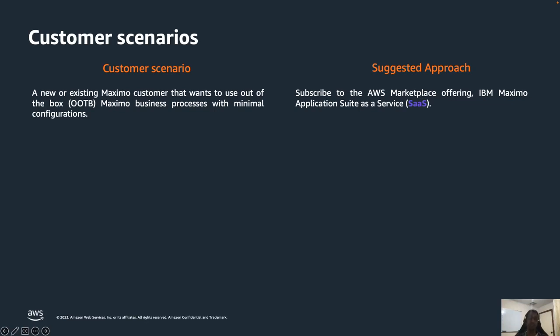So this SaaS offering is ideal for customers who want to use a SaaS offering and do not want to manage the infrastructure within their AWS accounts. This also offers licensing, so the AWS Marketplace offering also includes the Maximo licenses as part of the offering.